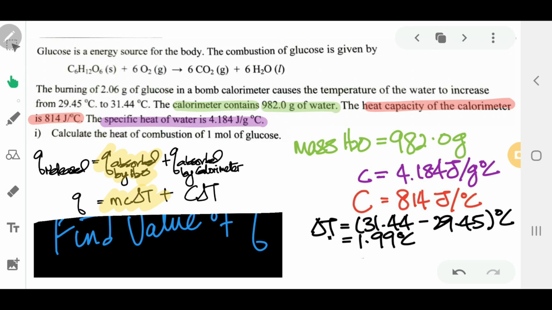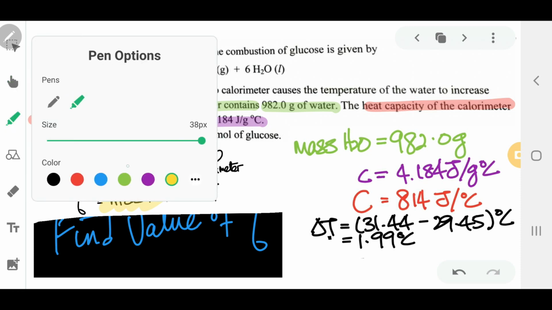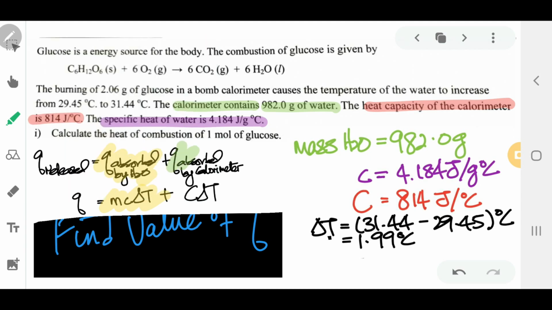Remember, your bomb calorimeter has water inside the container, and also the container can absorb a certain amount of heat. So you have that right here.